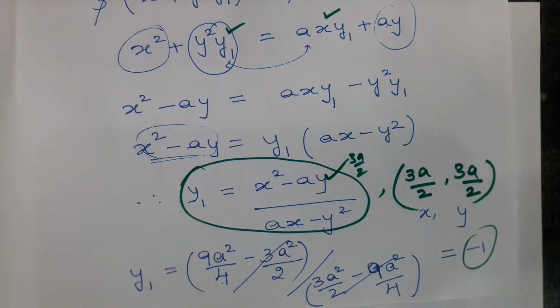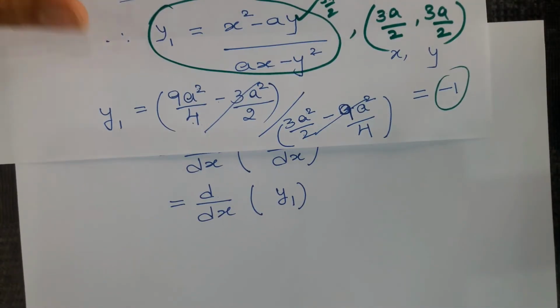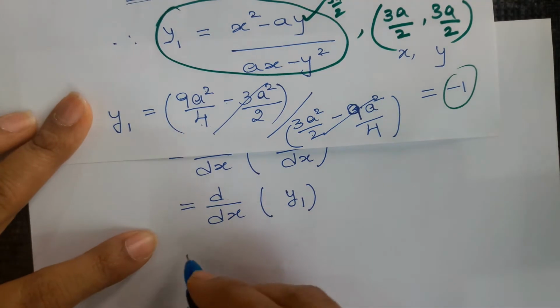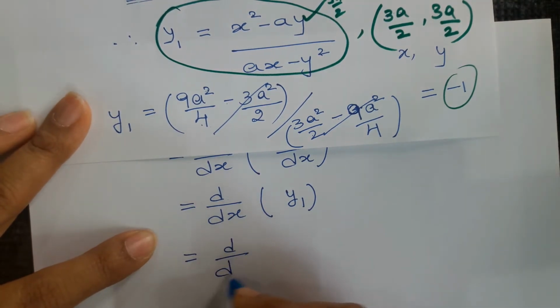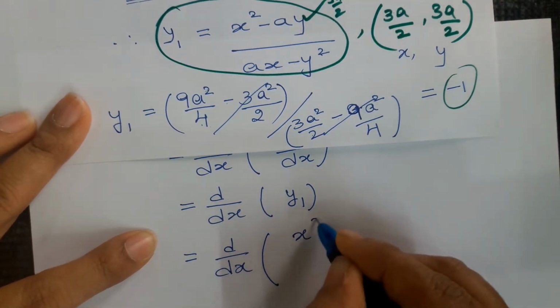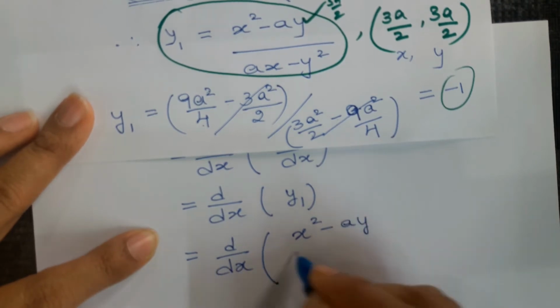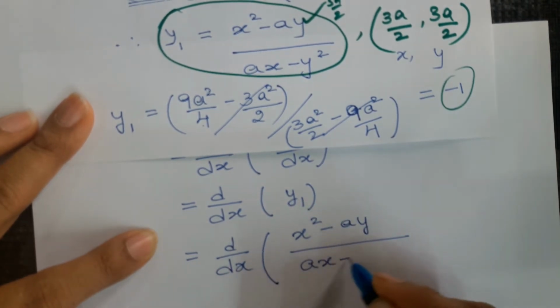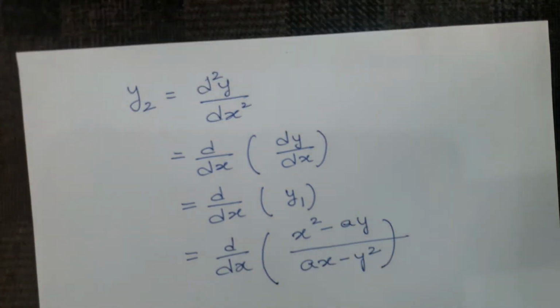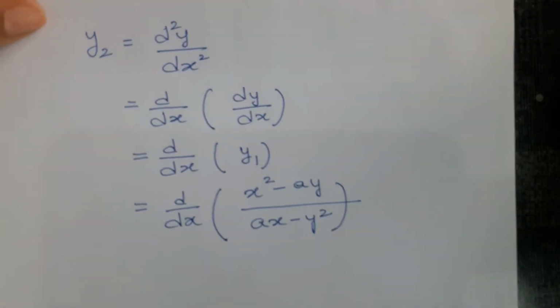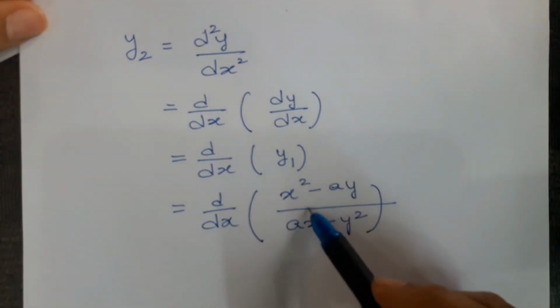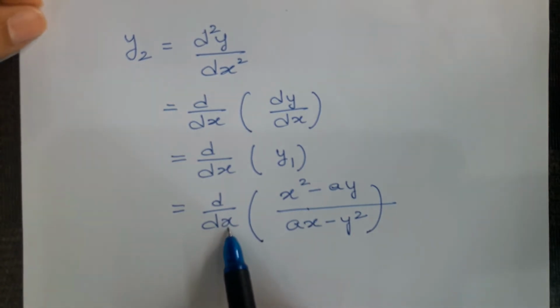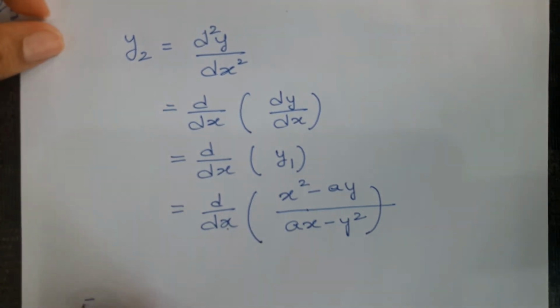So d by dx of y1 is d by dx of (x square minus ay) divided by (ax minus y square). This is y1, and you are differentiating this expression with respect to x. So I will differentiate now. How will you differentiate this?